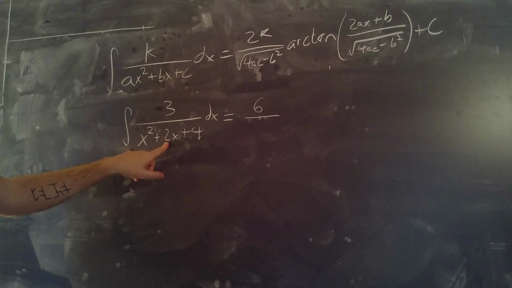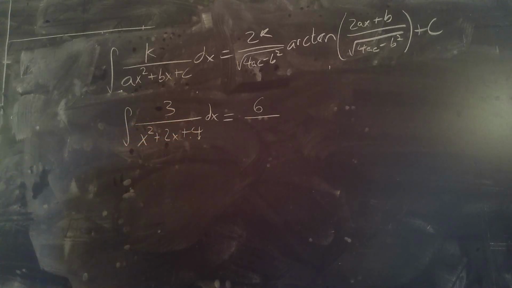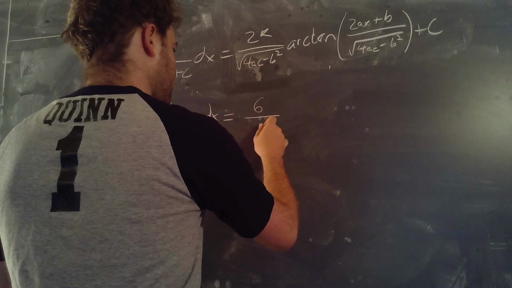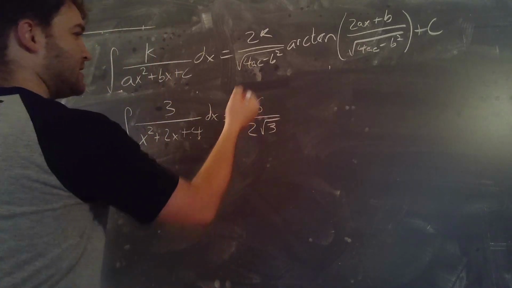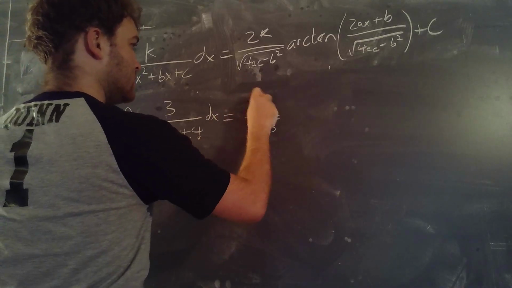Well, b squared is 4 minus 4 times a times c is 16. So that's negative 12. And then we have the negative version of that. So we're taking a square root of 12, which is actually 2 square roots of 3. But the 6 and the 2 reduce.